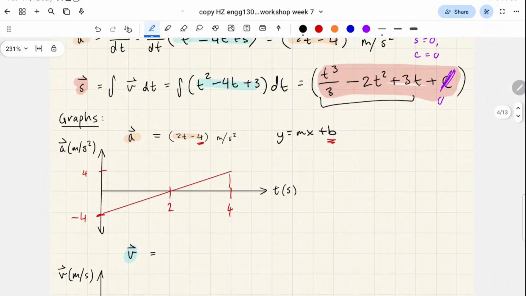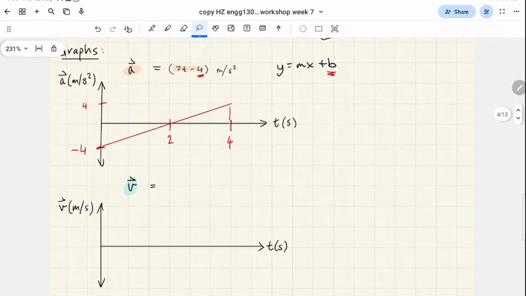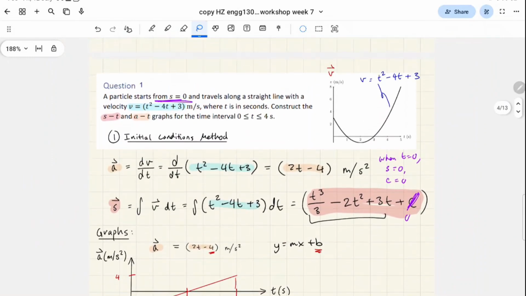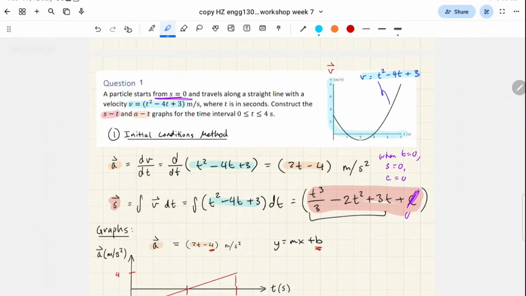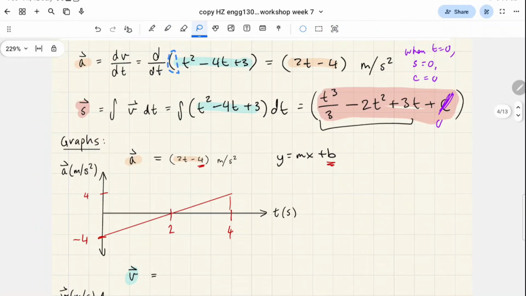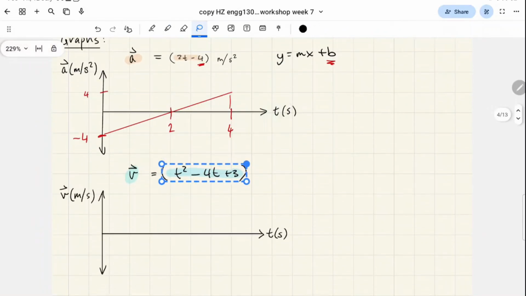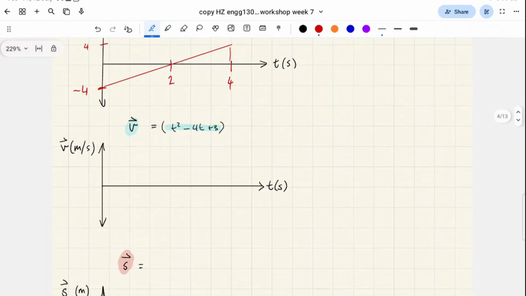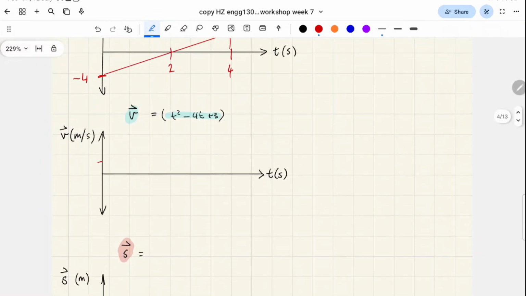Next, oh sorry, why have I drawn the V graph here? The V graph is this one. I think I just drew it to show you what the graphs look like stacked on top of each other. So we'll draw that quickly.